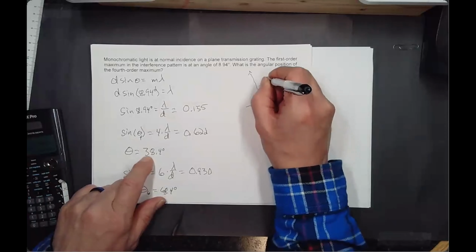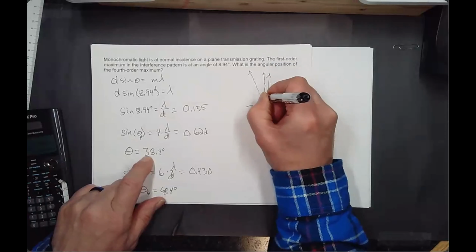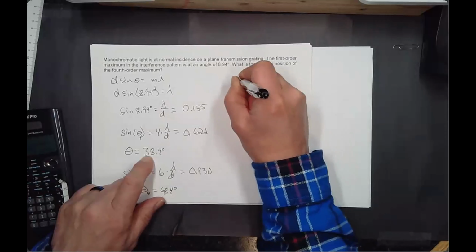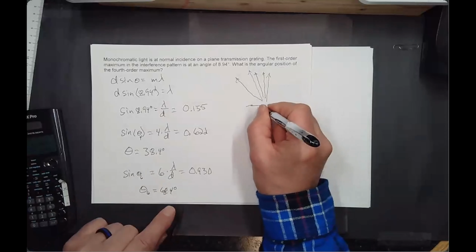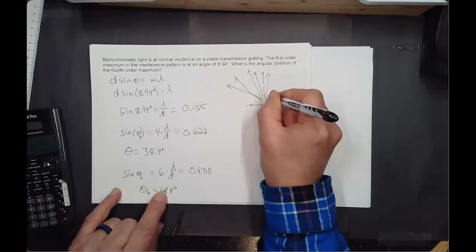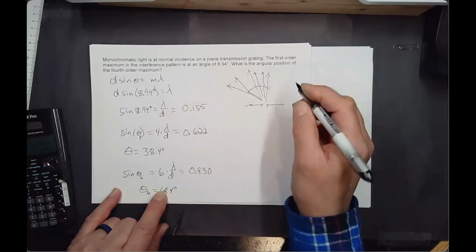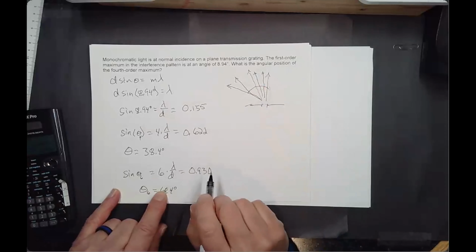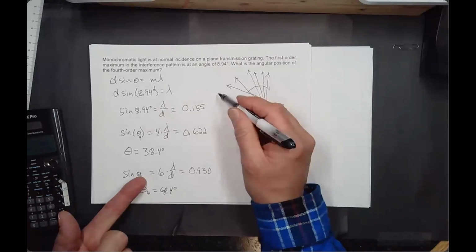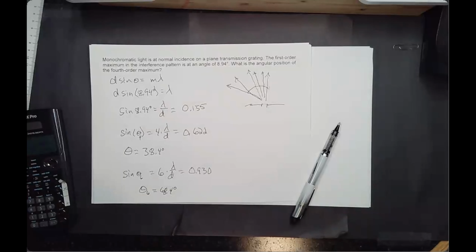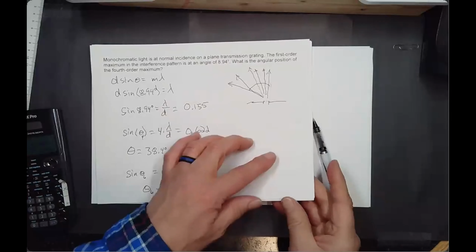And in between, there'd be a second and a third order one. And then a bit farther out, you'd see a fifth order one. And at 68.4 degrees, we'd see a sixth one. And that's on one side. You'd see just the same thing on the other side, but that's it. You wouldn't see anything beyond that. So that's what'll happen in that case.